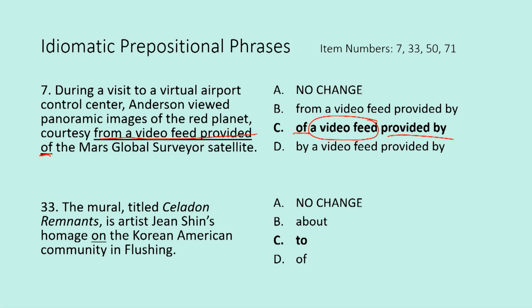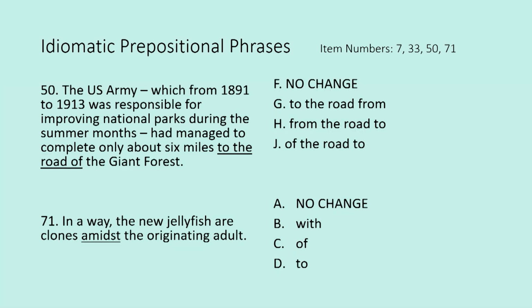The mural titled Celadon Remnants is artist Jean Shin's homage on the Korean American community in Flushing. Well, we know homage to. So homage is part of that idiomatic prepositional phrase. We pay homage to something. So that's how I know what that is. The answer is to. The next 2 are items number 50 and 71.